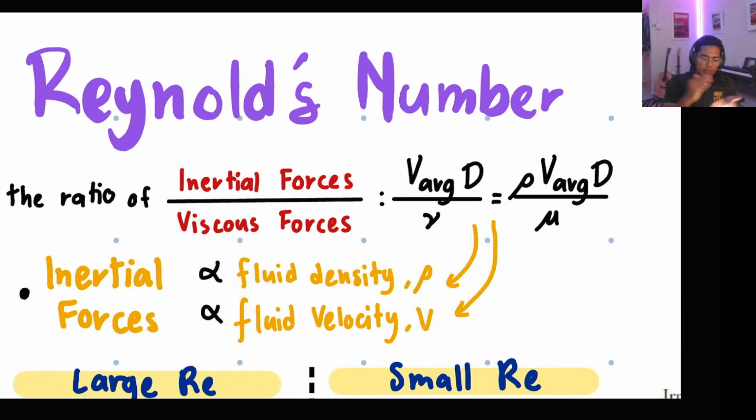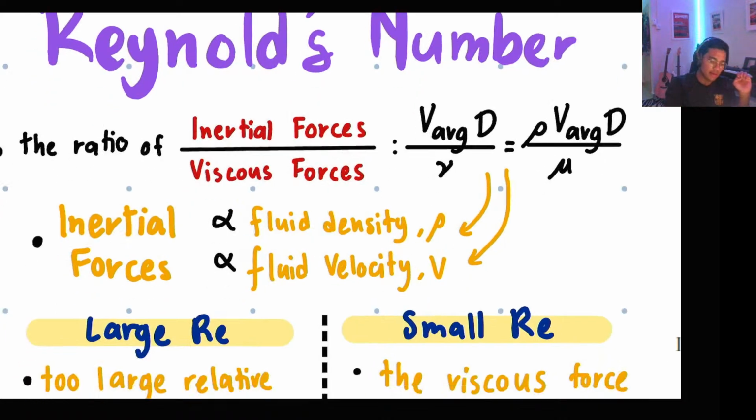So okay, let's see here. Reynolds number is V average times D times rho over mu: average velocity times the diameter of the pipe, or the characteristic diameter if it is non-circular. Rho is the density of the fluid. Mu is viscosity. Mu over rho is also equal to this V-shaped symbol nu, which is also called the kinematic viscosity.